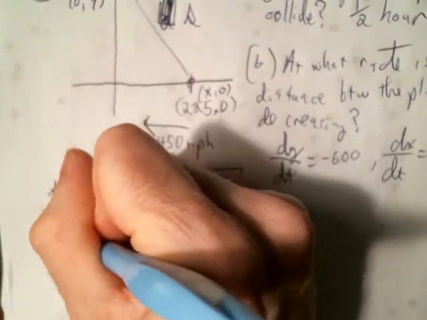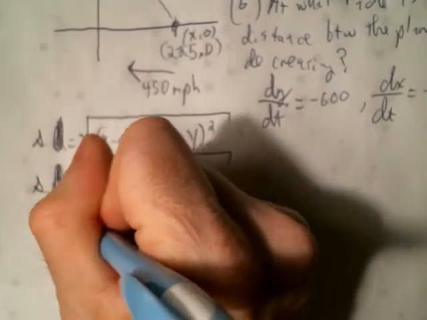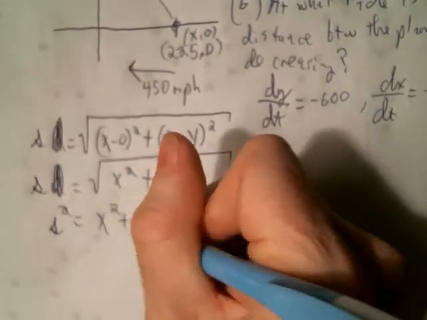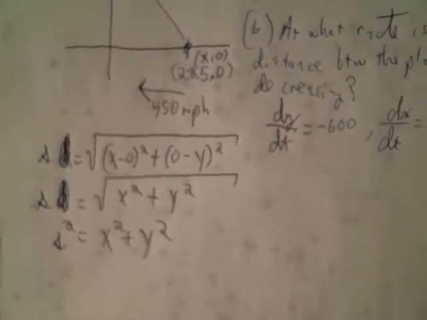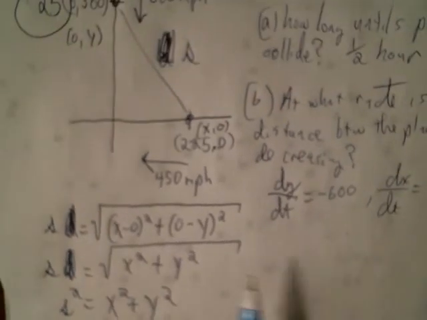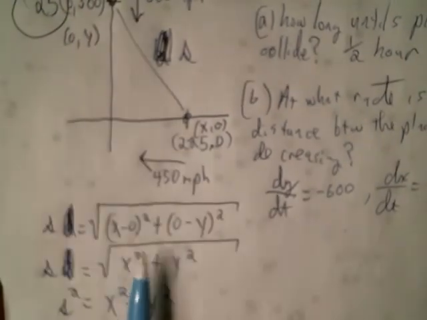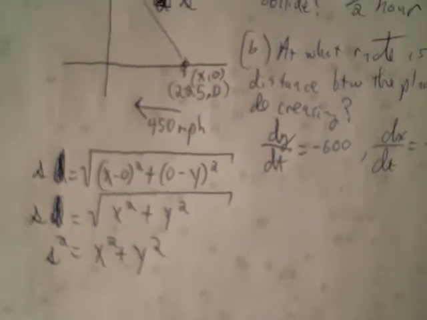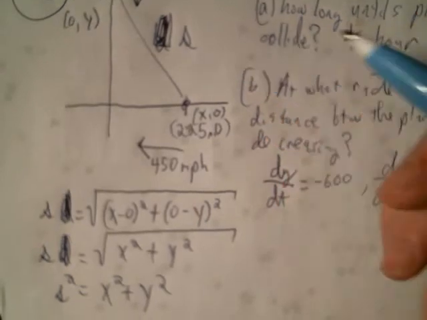So this will be s, and this will be s. And then square s, so you get s squared is x squared plus y squared. Okay? And then we'll differentiate implicitly. We have kind of an initial condition that we can plug in to figure out the rate of change of the s value, the distance between the two.